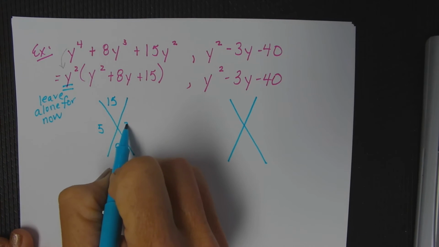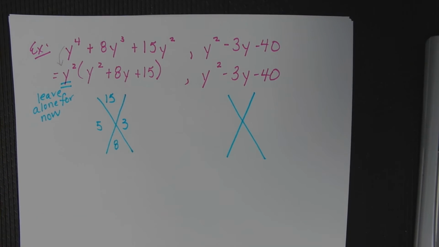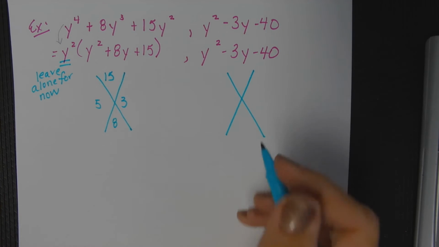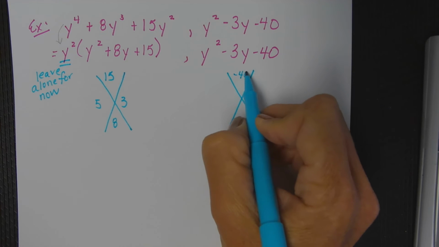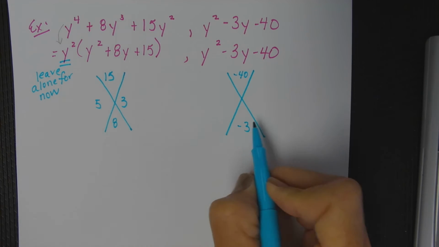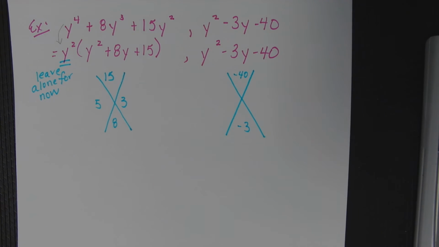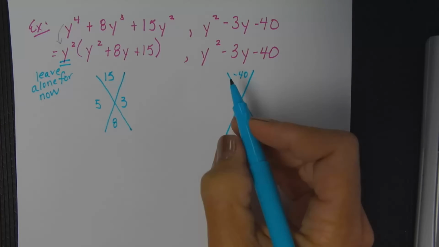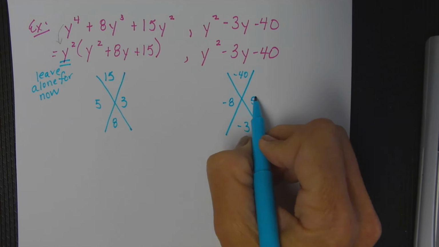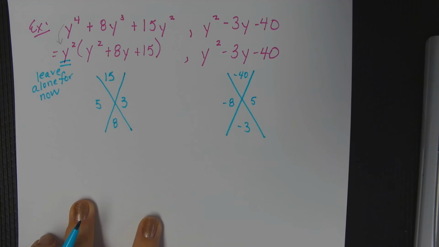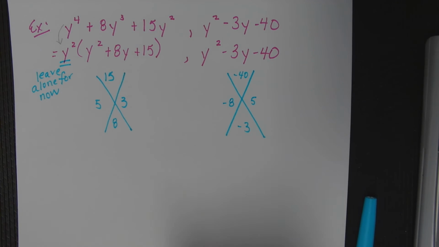Good. So you need factors of -40 that add up to -3. Oh, you got this. 8 and 5. -8, +5. So now we need to write this in factored form.